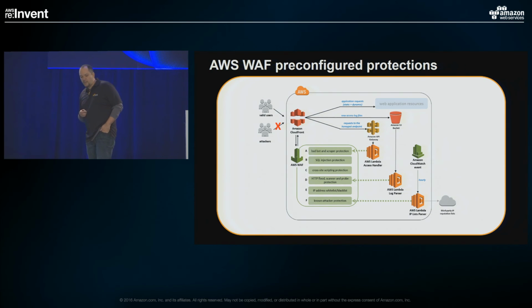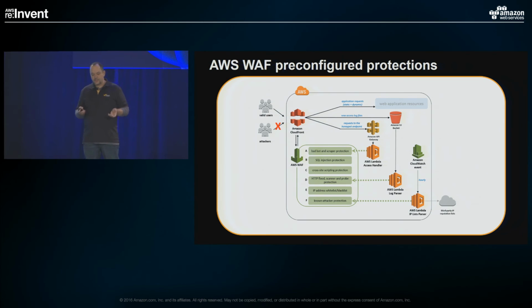So the solution includes 6 different components. The first one is a bad bot and scraper protection component, which is implemented through an Amazon API Gateway endpoint. It's essentially a honeypot that you embed into your web application. The next two components, the SQL injection protection and the cross-site scripting protection, are two native rules with AWS WAF.